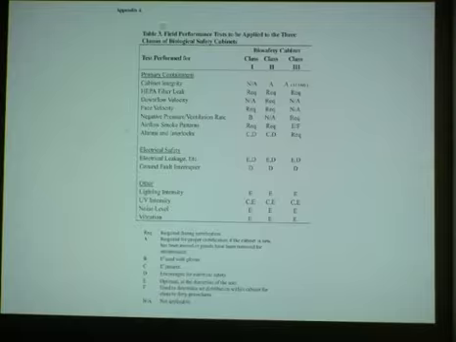The optional tests are for electrical safety in terms of electrical leakage, ground fault interrupter, and so on and so forth. Other optional tests are about the lighting intensity at the workspace, UV intensity, if any UV is being used, though it is not at all necessary in a biosafety cabinet, noise level and vibration.